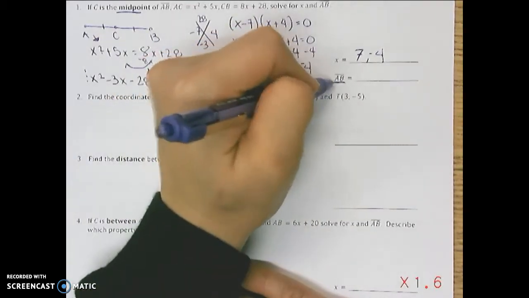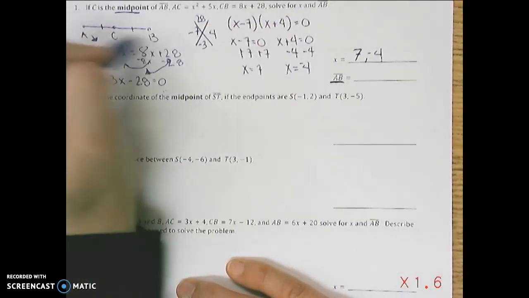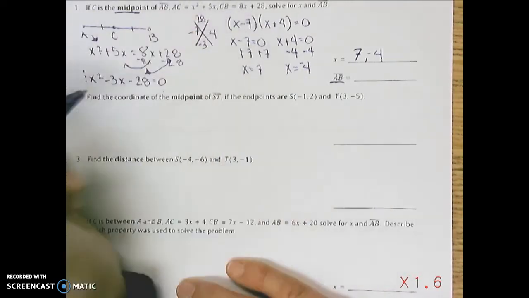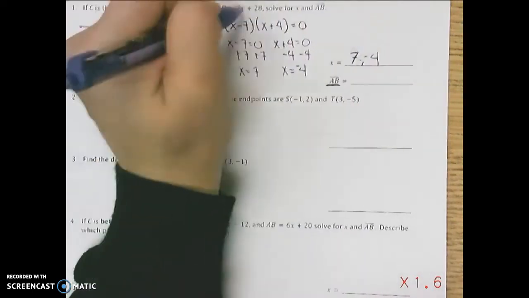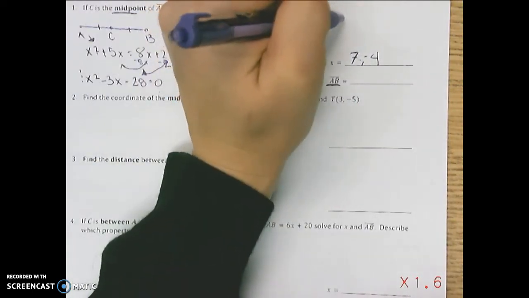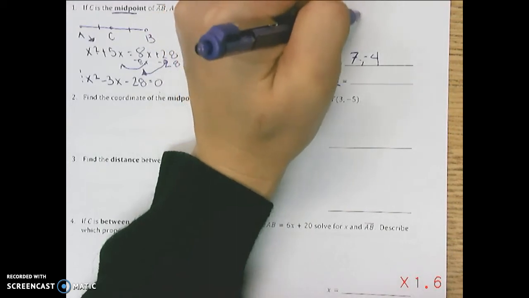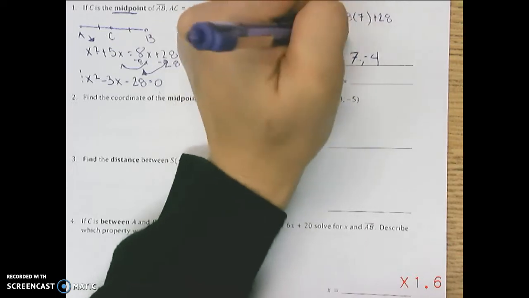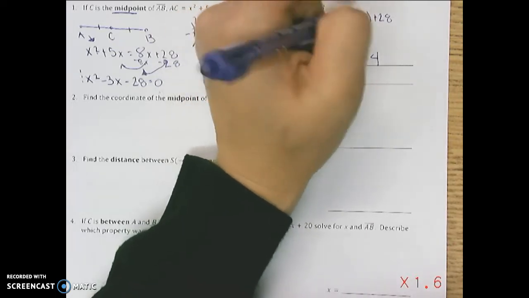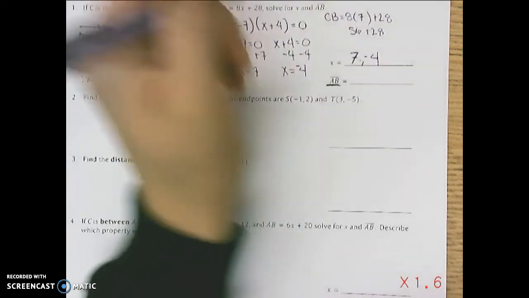So when I'm finding AB, I'm going to choose to plug it back into CB, because I don't have to square anything, and the math just seems a little bit simpler. So I'm going to take 7 and plug it into CB. CB equals 8 times 7 plus 28, which is 56 plus 28.